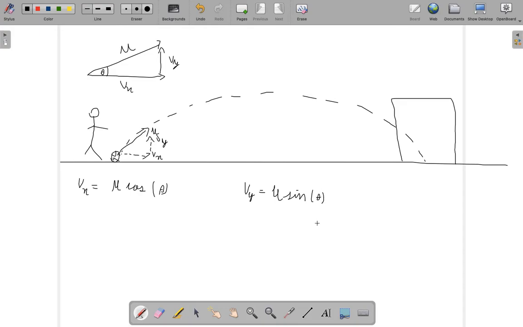But the ball is going up, and gravity is constantly pulling it down. We have a constant downwards acceleration of g equals 9.81 meters per second squared. So at any given time, our y component of velocity will be the initial velocity times sine of theta minus g times time, whatever time has passed. That's our Vy.